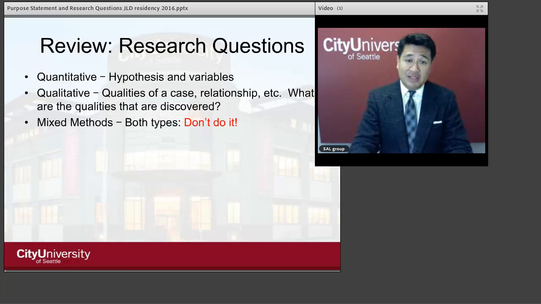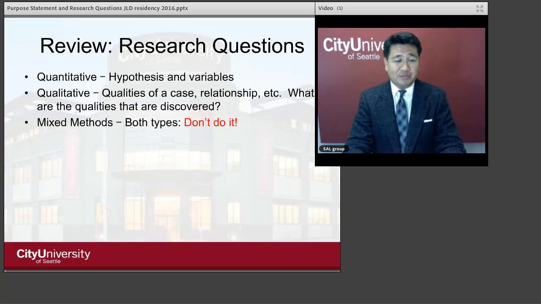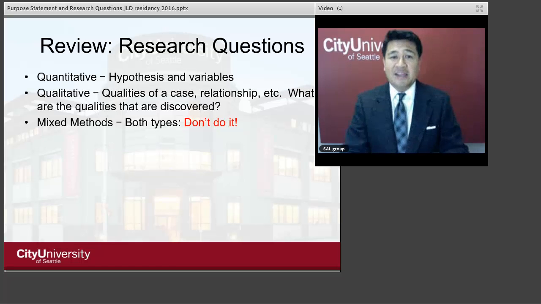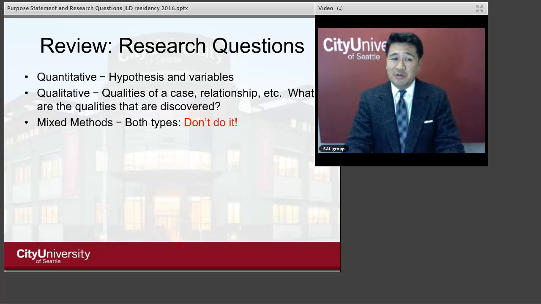Then there's mixed methods, a mixed method study. A mixed method study includes both types, some quantitative, some qualitative, and then a synthesis. We highly encourage you to consider not doing a mixed method study. Don't do it.